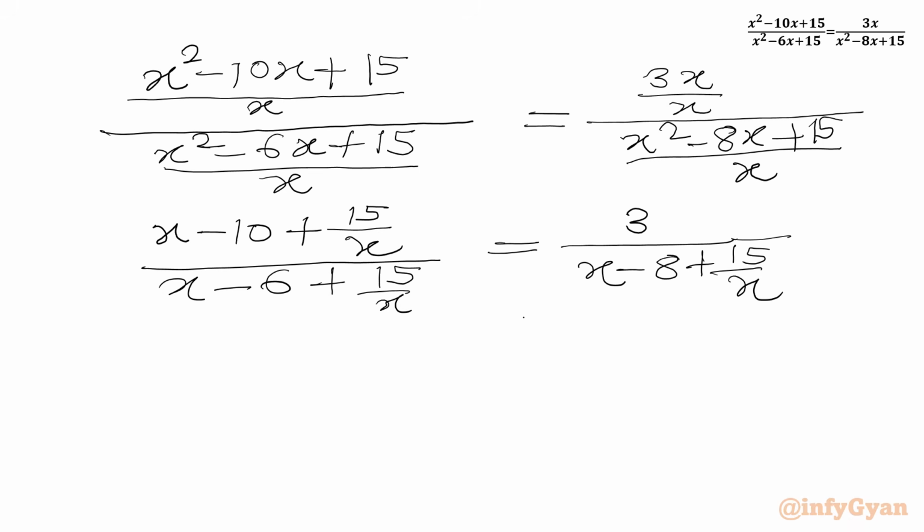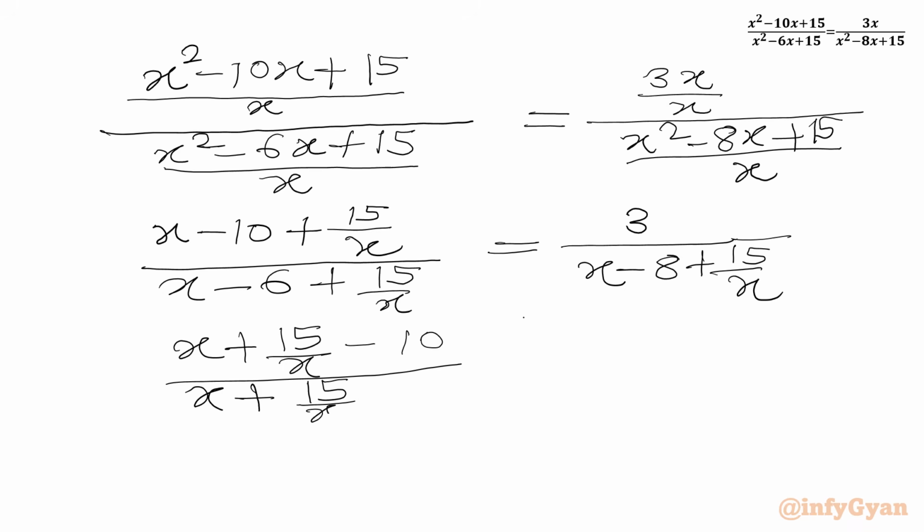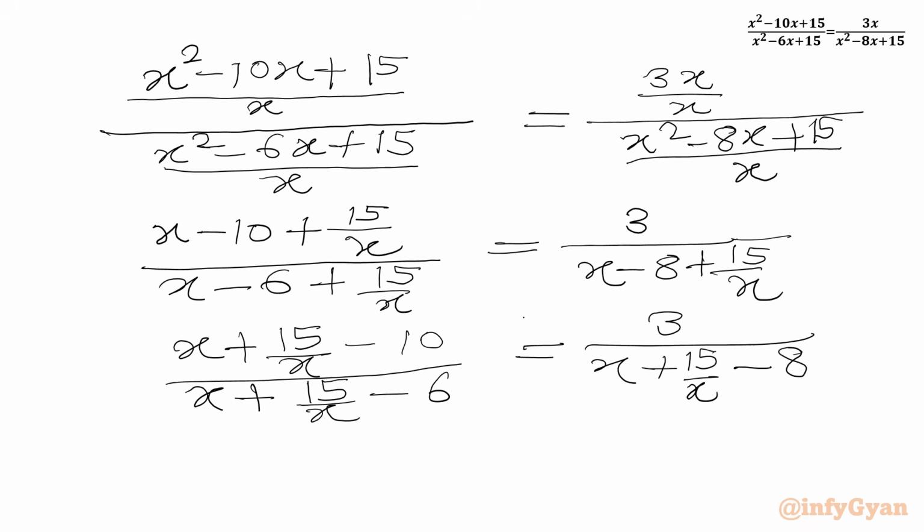Now let us rewrite: x plus 15 over x minus 10, over x plus 15 over x minus 6, equal to 3 over x plus 15 over x minus 8. Now our substitution is obvious.